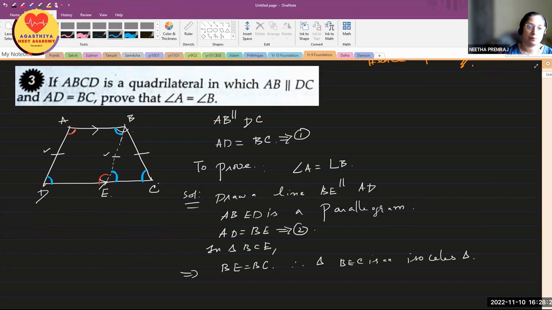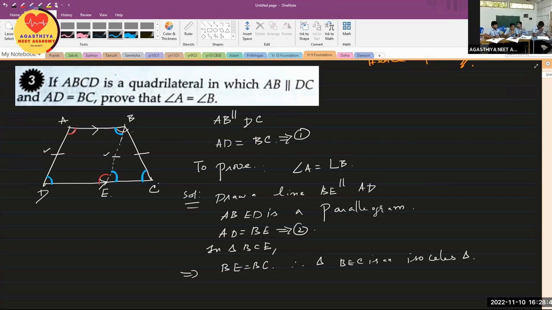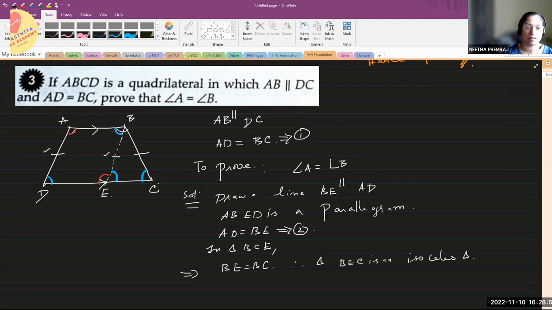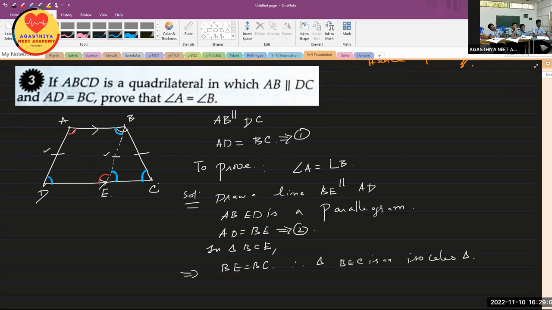What else do you want to know? Yes. Tell me. Okay. Then, no, dear. No, you have to prove these two angles are equal. How come you are able to prove? That's what I'm checking. Okay. So, wait, once again.